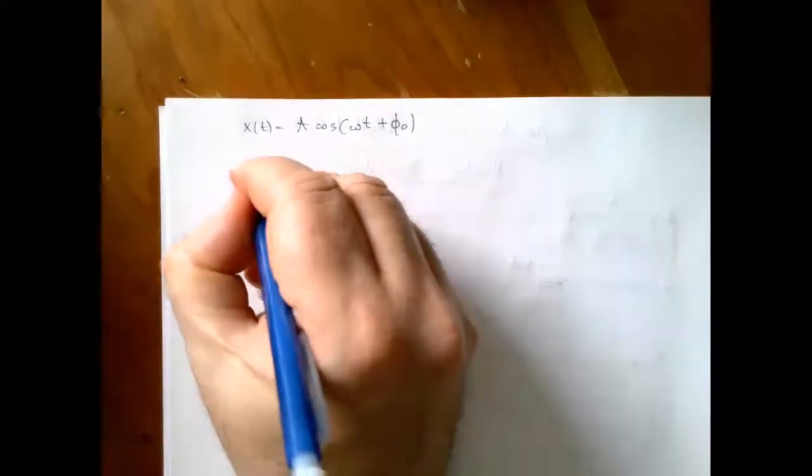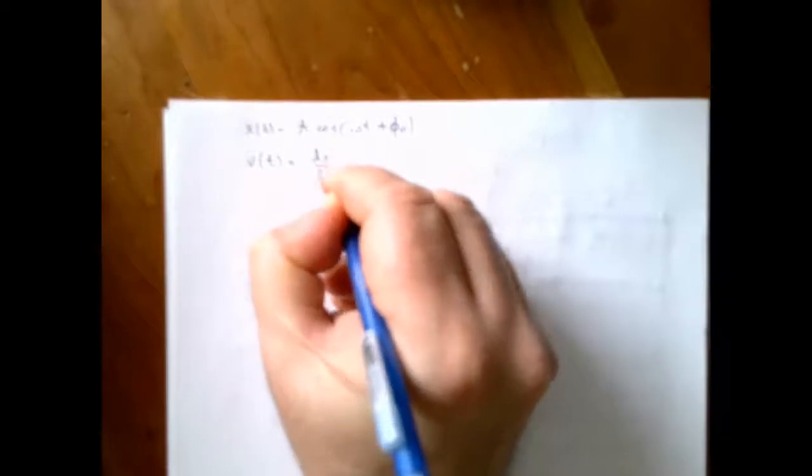Now that we found the position, let's find the velocity and let's find the acceleration. If x of t is A cosine of omega t plus phi 0, then v of t is dx/dt, which is negative omega A sine of omega t plus phi 0.